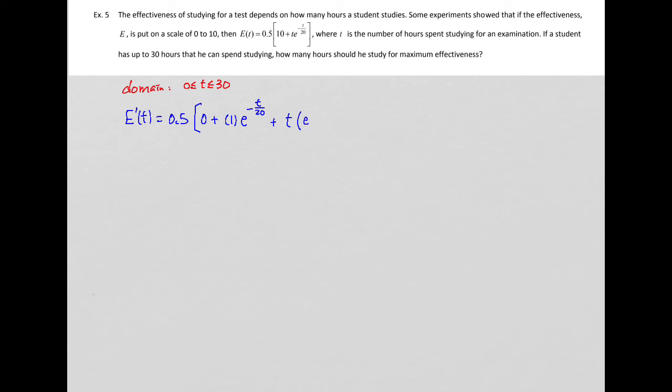So you copy it down first, times the differentiation of the exponent, which is negative 1 over 20, times ln e, which is 1, so we don't need to write it. Next, let's simplify it. And we're going to factor it.